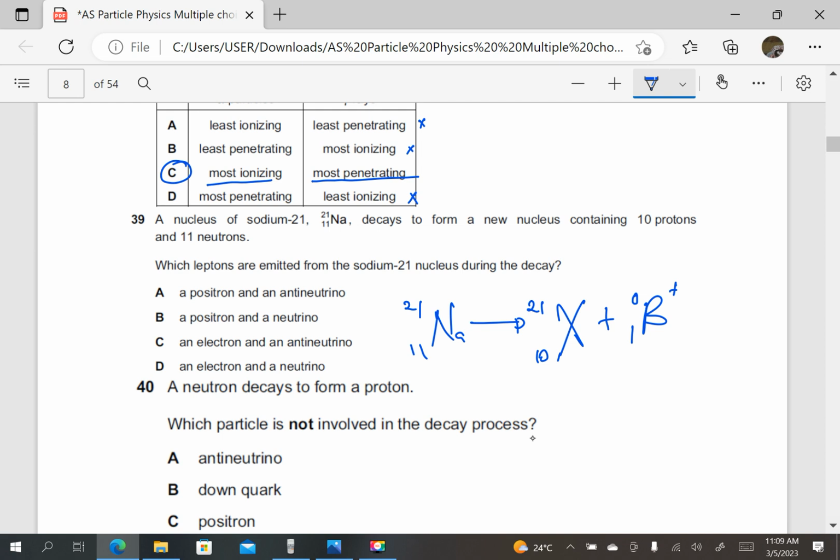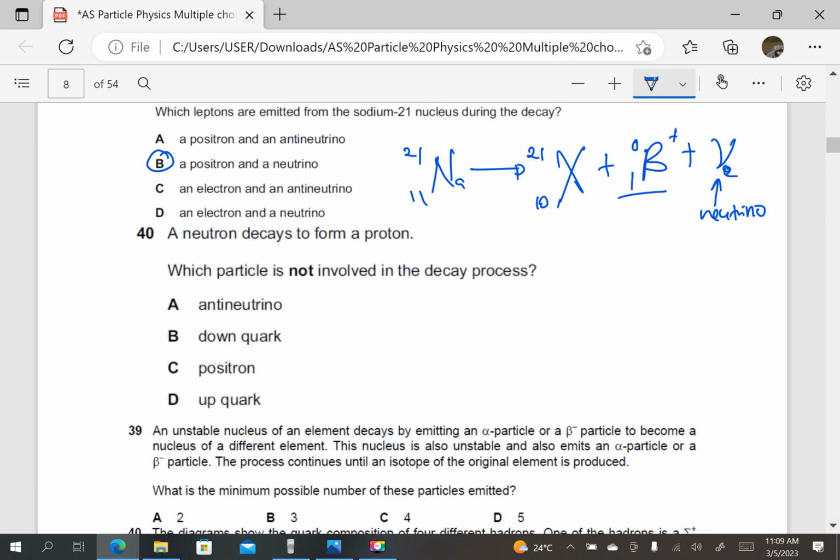And whenever beta plus is emitted, it is a positron, it is accompanied by a neutrino, the electron neutrino. Therefore, the leptons emitted are the positron and the neutrino. And the answer here is going to be B, a positron and a neutrino.